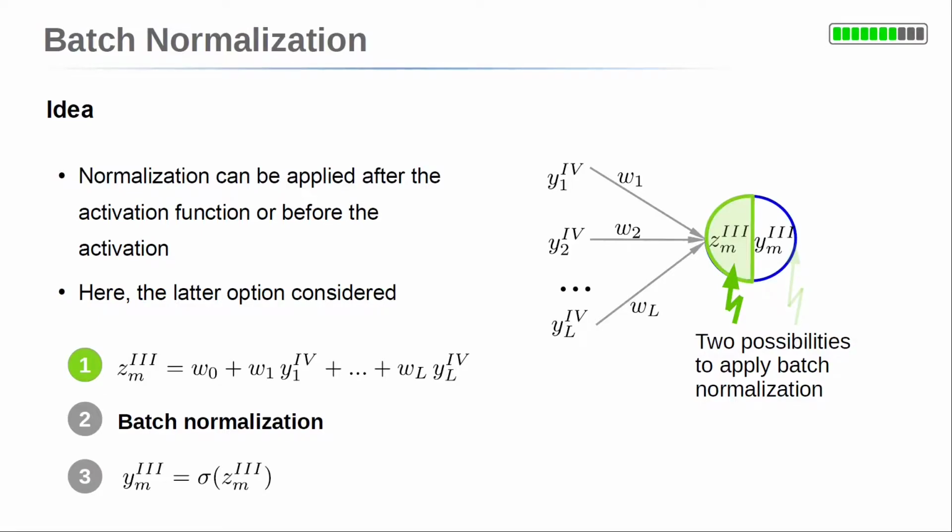The summation variable for this neuron on the right side is Zm superscript 3, and it's a linear combination of the outputs of the preceding neuron layer with the corresponding weights. Further, a bias term is added. Then the normalization is applied. And after that, the result is put into the activation function, which gives the neuron's output.